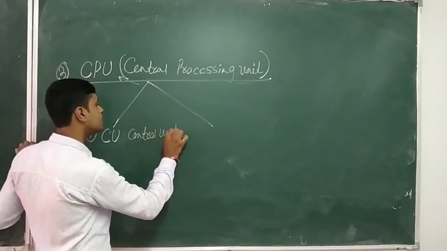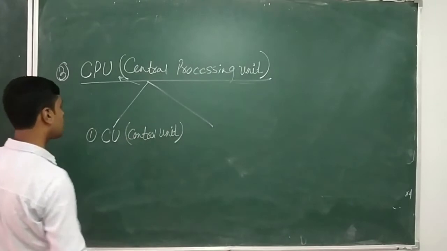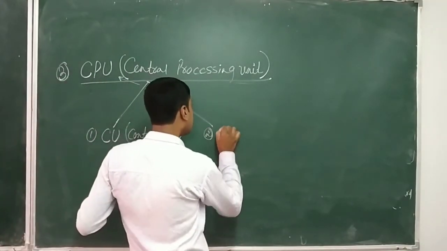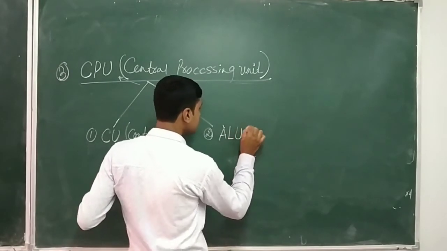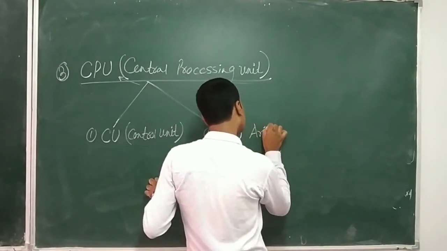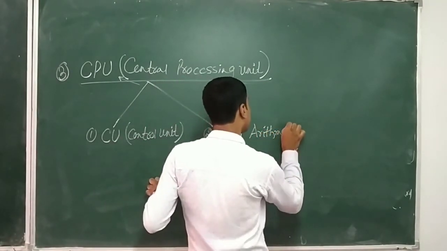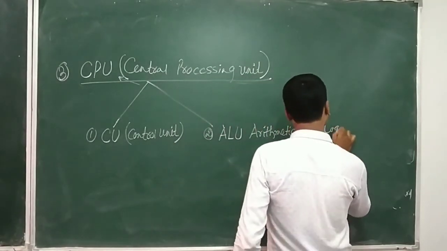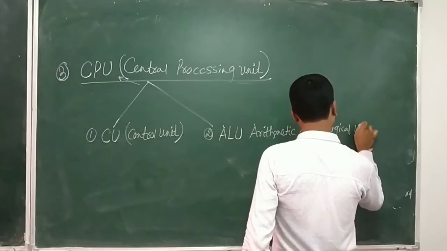That means a CPU has two sub units. Number 1 control unit and number 2 ALU. ALU means arithmetic and logical unit.